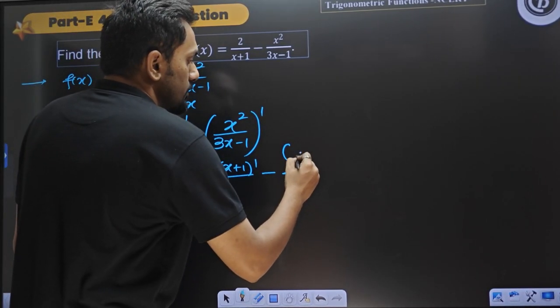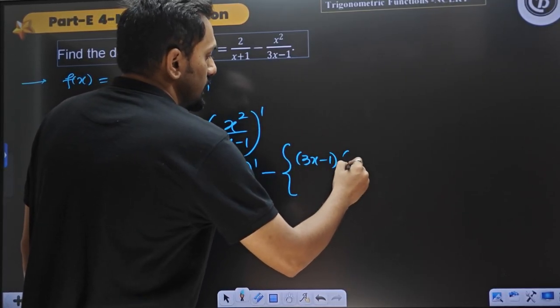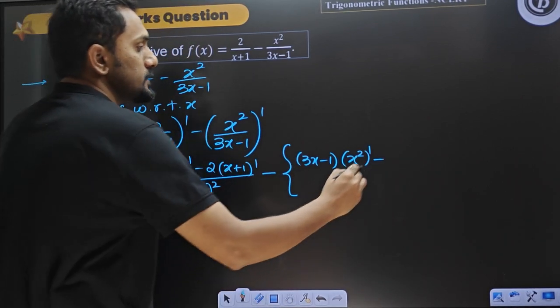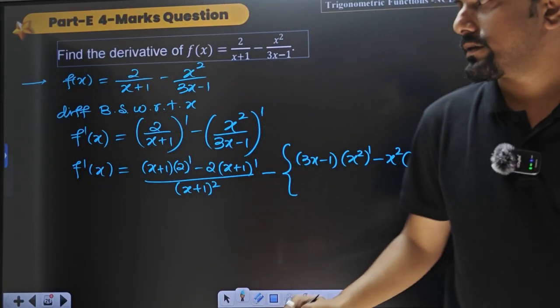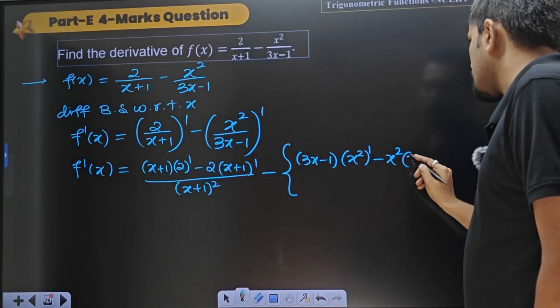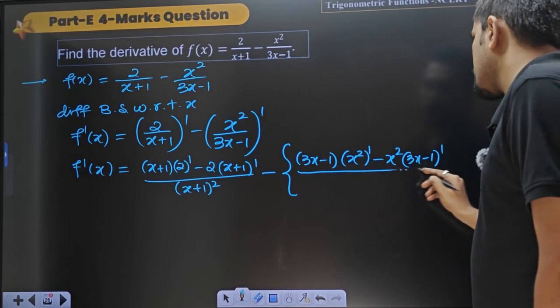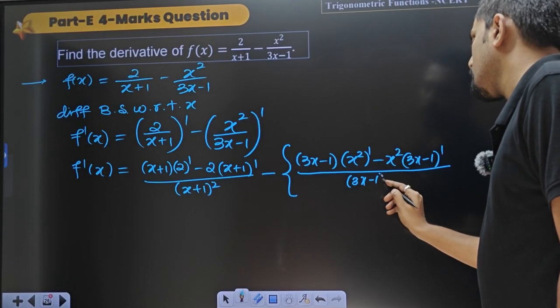Then we will keep the denominator as it is, 3x minus 1 as it is, into derivative of x square, minus x square as it is into derivative of 3x minus 1, divided by square of the denominator, 3x minus 1 whole square.